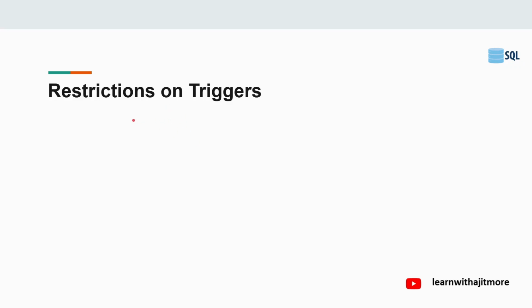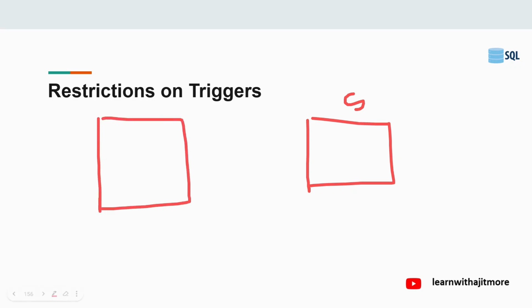If you have written a trigger on some table, like this is a student table, and this is the trigger code, and this trigger code is for after insert on student table. Now what they say is that within that body, don't try to issue the same command. Because see, on the student table, I have performed an insert operation.